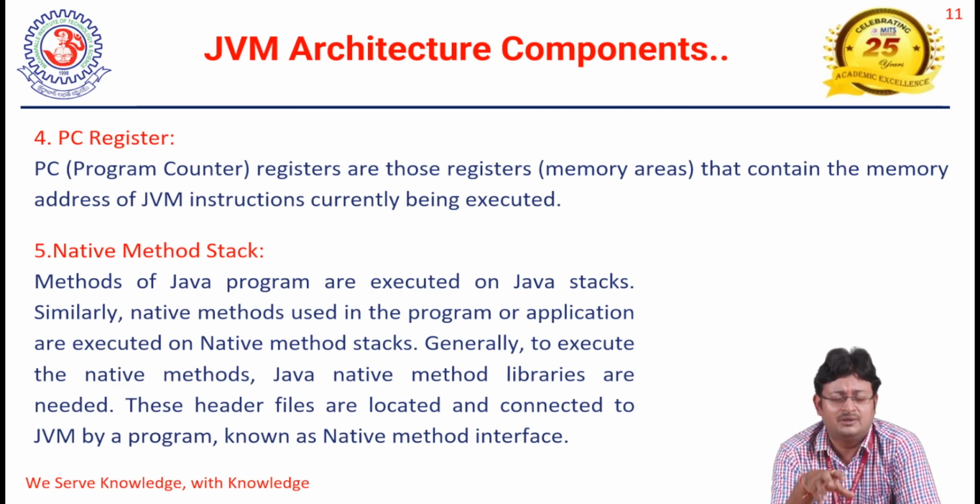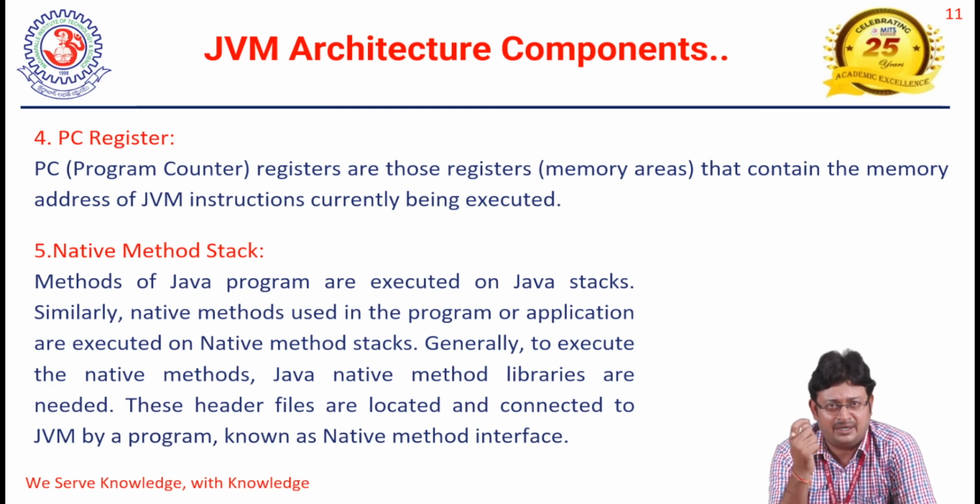So the JVM each and every time has to monitor the complete set of instructions, how many got executed and how many are remaining. Everything is maintained like a diary in the PC register. The PC register's main responsibility is to identify how many instructions are executed and how many are pending in the bytecode format by means of the JVM.